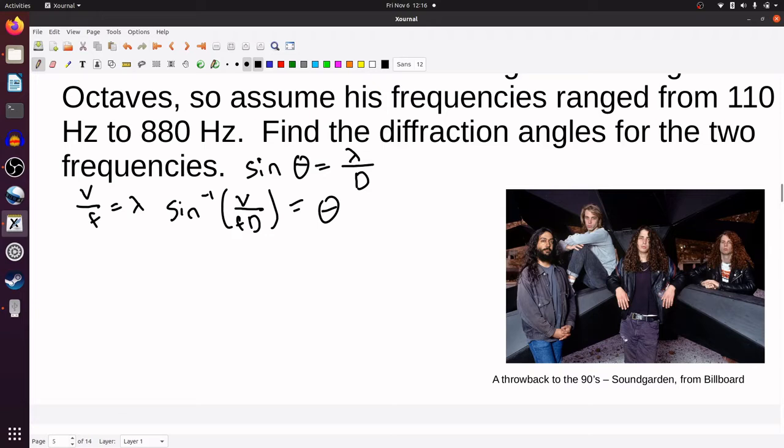Now that's what I'm going to use for the two different frequencies. So let's go ahead and calculate that. Let's do theta 110. For theta 110, we're going to take the inverse sine of 343, the speed of sound, divided by the frequency, so that's 110 hertz, and then times the width, and we say it's just a door frame, so 3.5 meters.